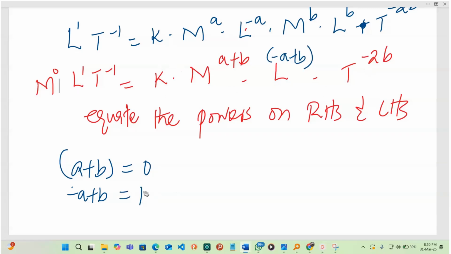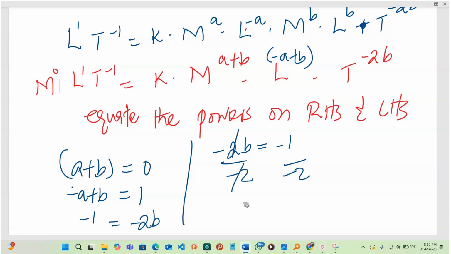Then for T, we know that negative 1 is equal to negative 2B. So from the third equation, B is equal to negative 1 divided by negative 2, and therefore B is equal to a half.